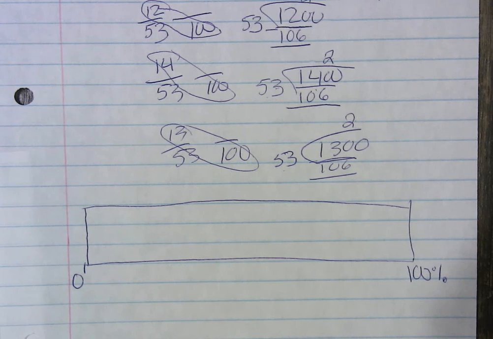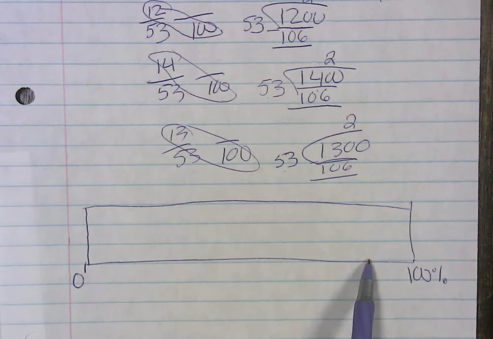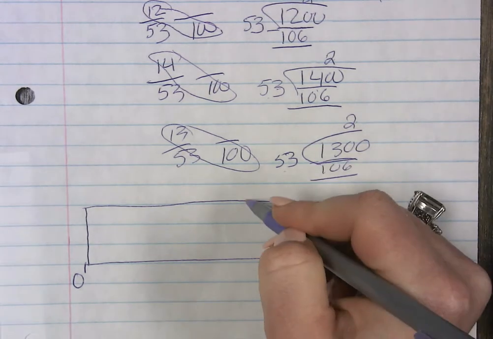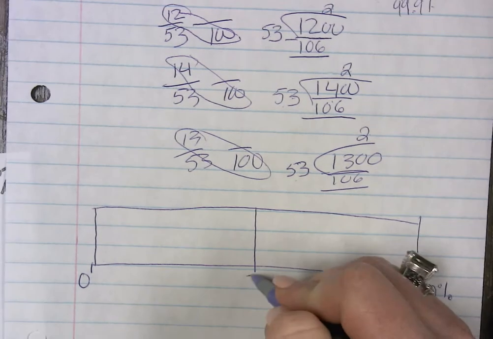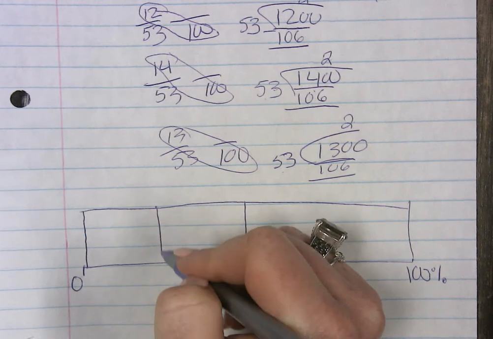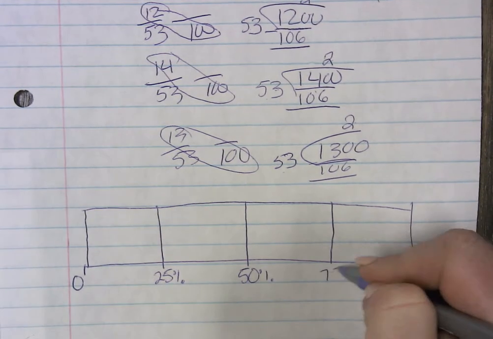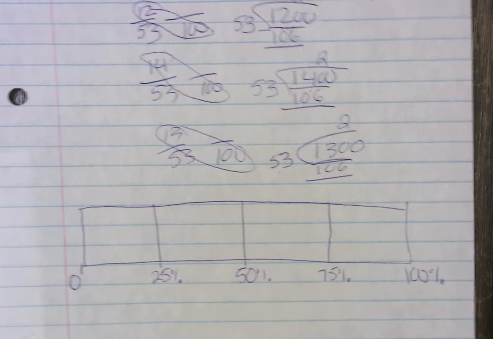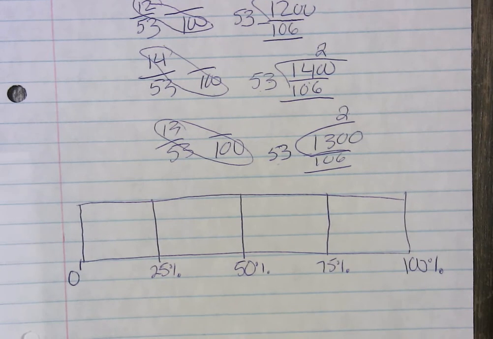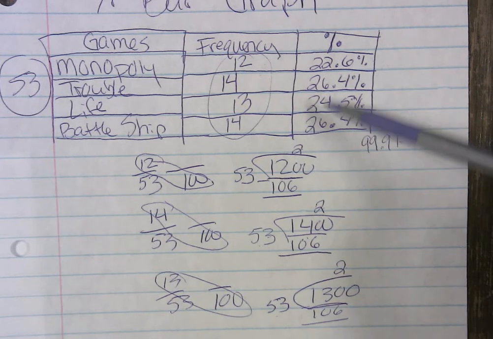Because I say, man, I could probably make most of those be really close to 25%. So I'm going to divide my percent bar into quarters. So right down the middle, we know that's 50%. There's 25% and 75%. So this is just a sketch, but we want to be kind of close. So we divide it up into fourths, and they're all really close to each other.